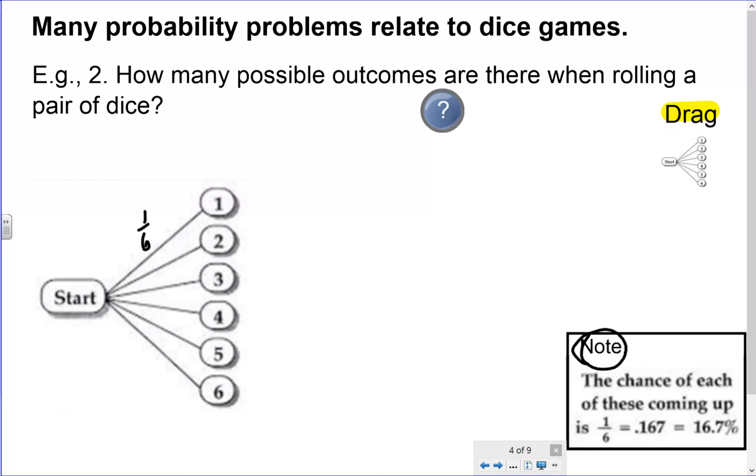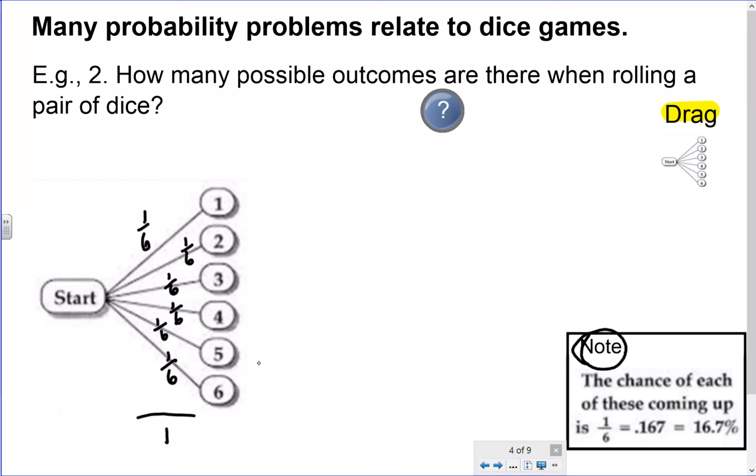So each particular outcome has that probability of 1 on 6. And all together, if you were to add those numbers up, 6 times 1/6 will give you 1 whole. That makes sense because we're bound to get a result; a number's going to come up if we roll that die.